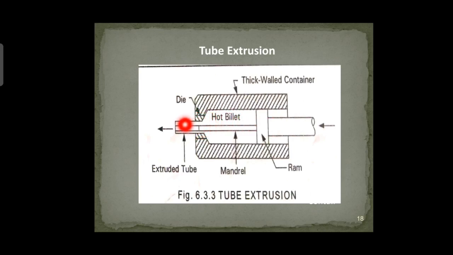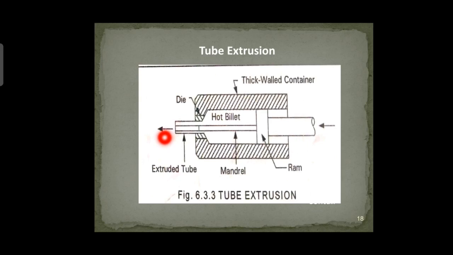The remaining part will come outside as the extruded part. The mandrel is at the center, and whatever material comes out through the remaining portion will look like a tube.